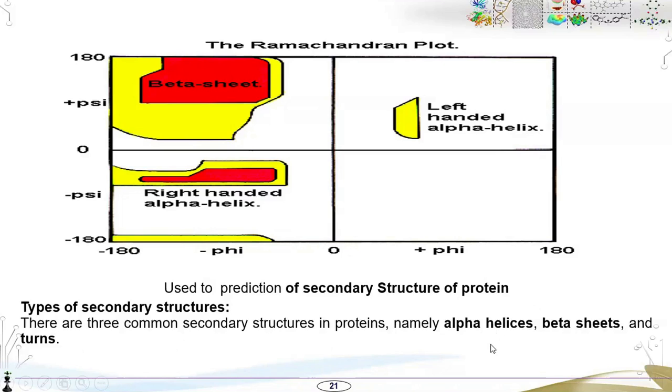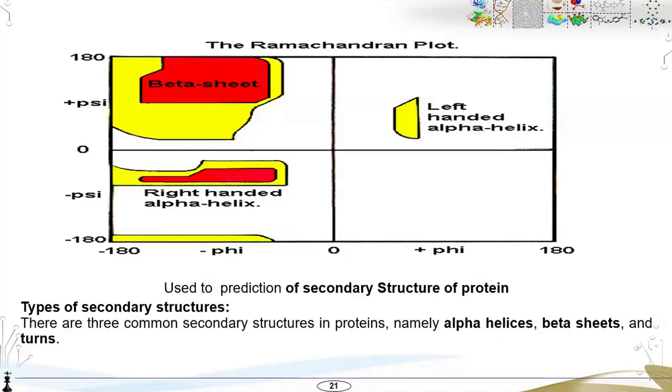These are the three key structures which we can observe in the secondary structure of the protein. If they ask in GPAT what different things we can identify in the secondary structure of the protein, the answer is alpha helices, beta sheets, and turns. That is one way of asking the question. Second way: how can we identify the secondary structure of the protein?